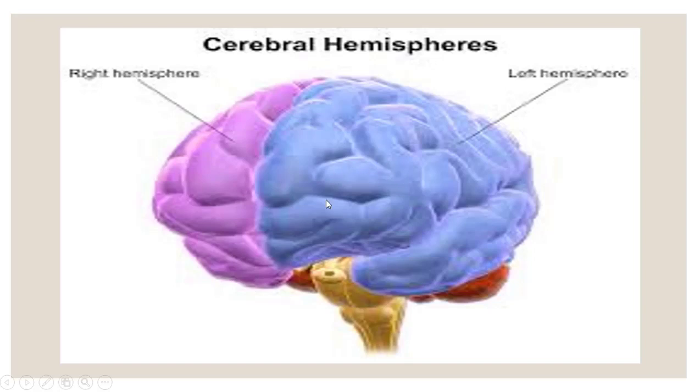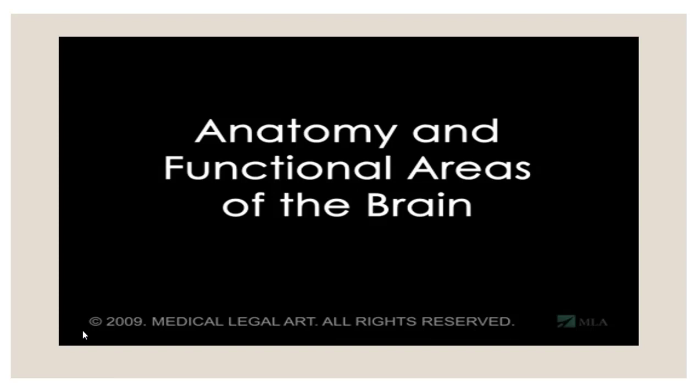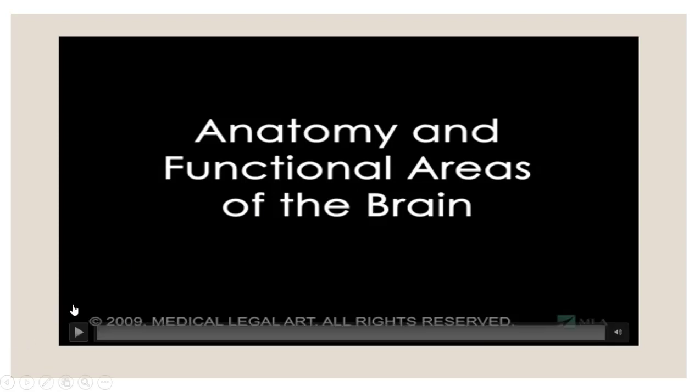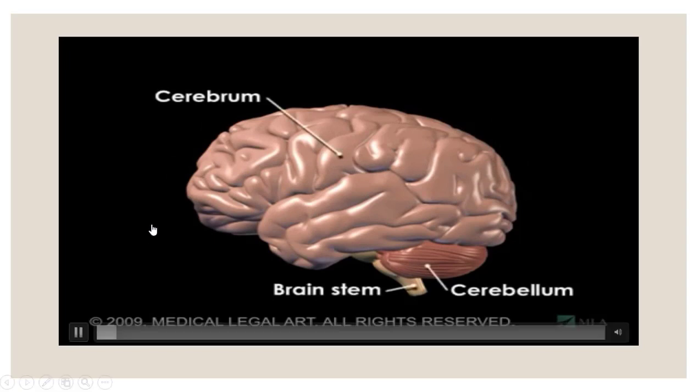Now we will show a 4D animation of the brain to show an overview of the brain from left, right, top, and down, and a section view also, to illustrate the parts and the sensory points inside the brain.